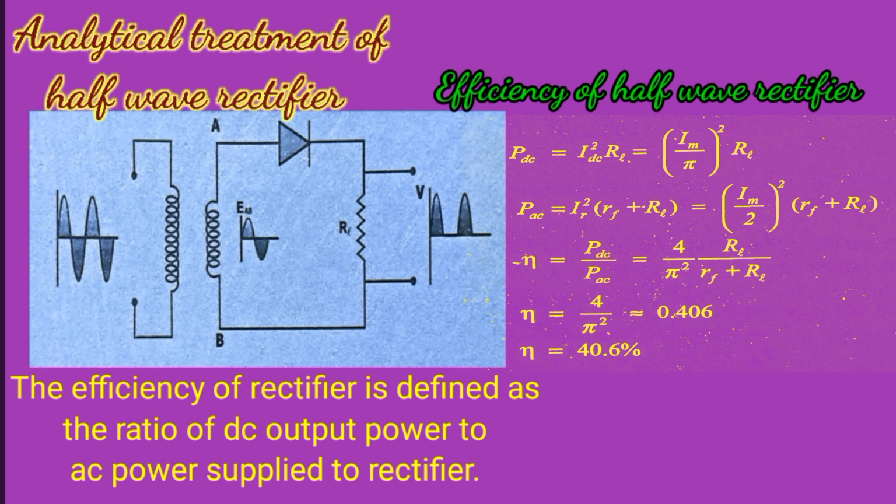For an ideal PN junction diode RF equals 0, so efficiency eta equals PDC upon PAC equals 4 upon pi square into RL upon (RF plus RL). So eta equals 4 upon pi square, which is nearly equal to 0.406. So eta equals 40.6%. That is, the efficiency of the half wave rectifier is 40.6%.